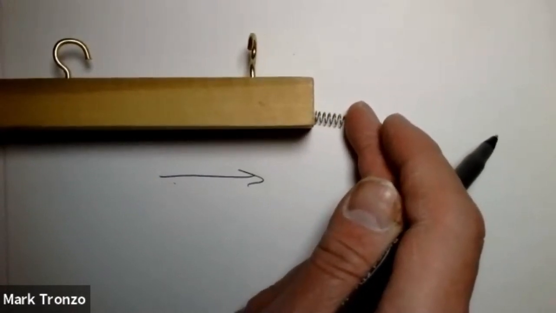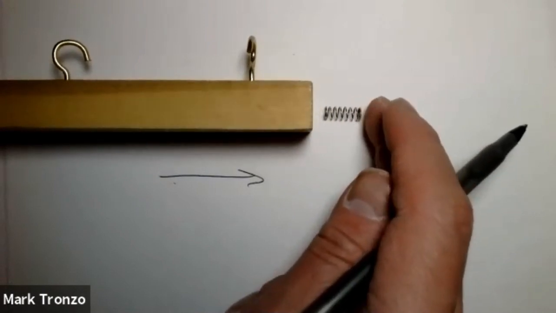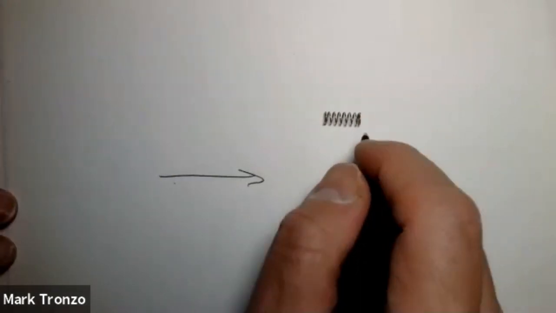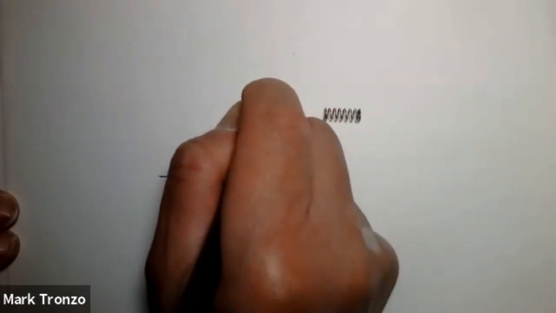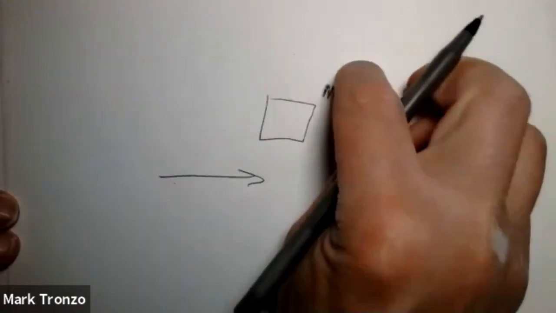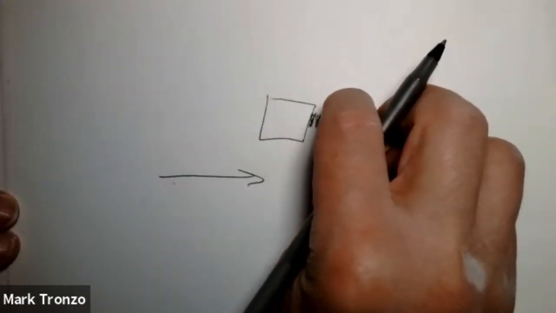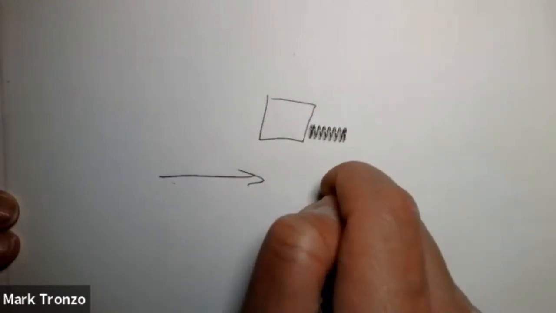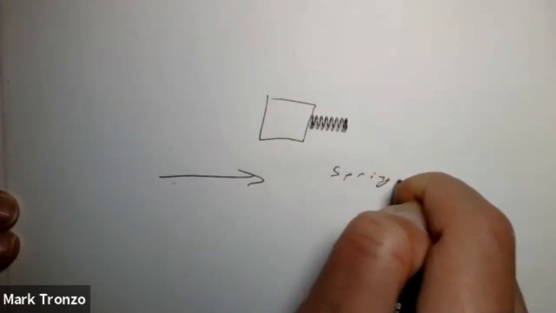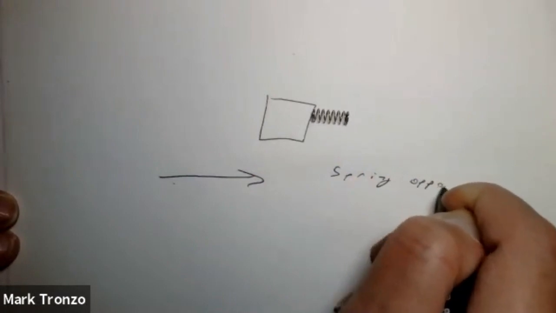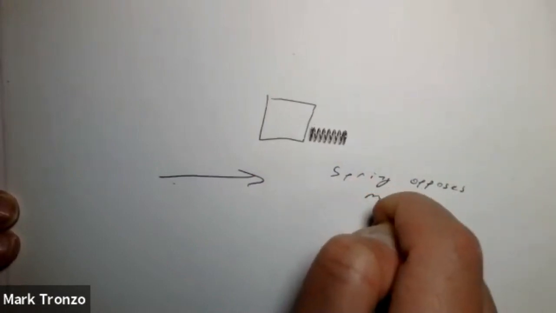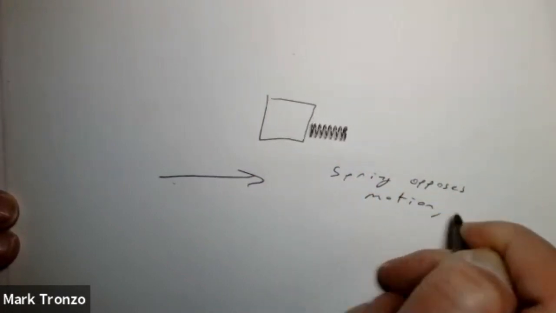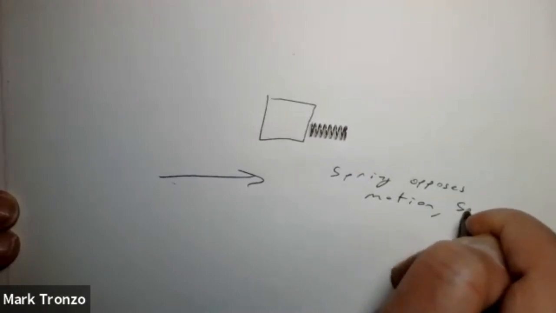So if you have a compression spring like this, again, let's say you have a block here going in this direction, the spring opposes motion. So the spring work is negative.